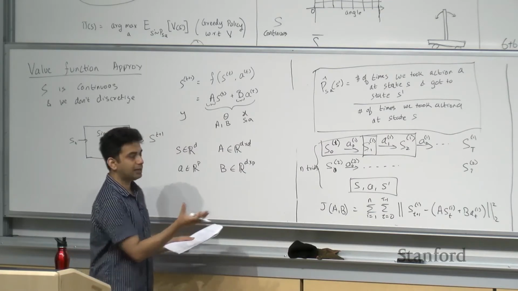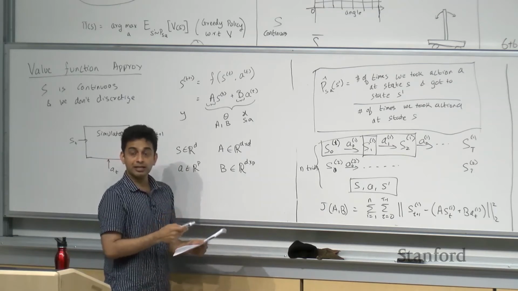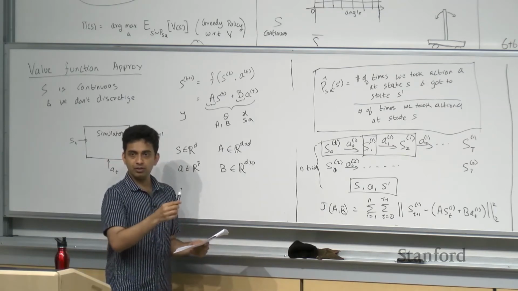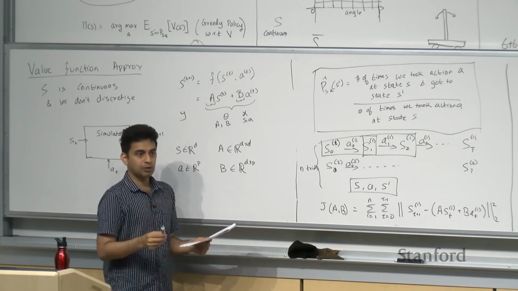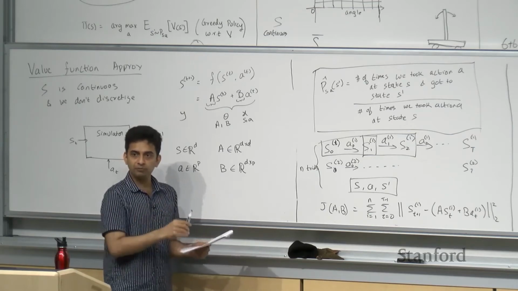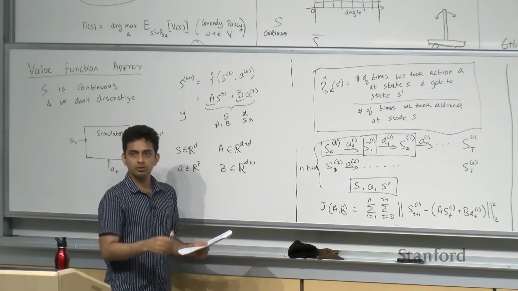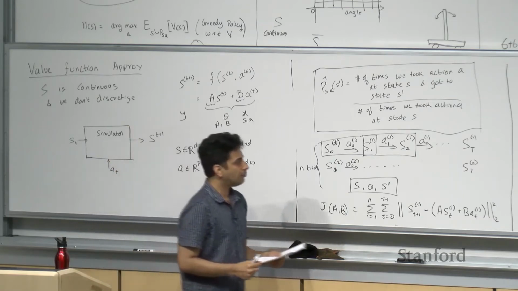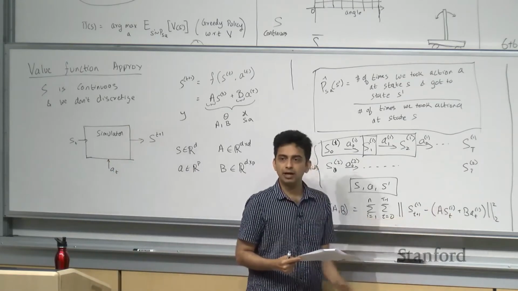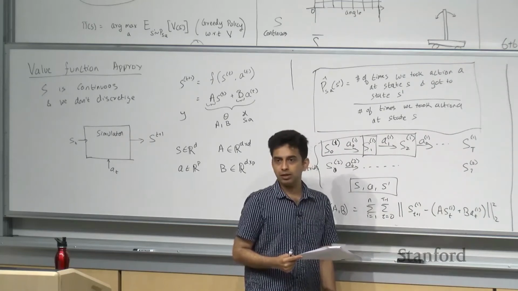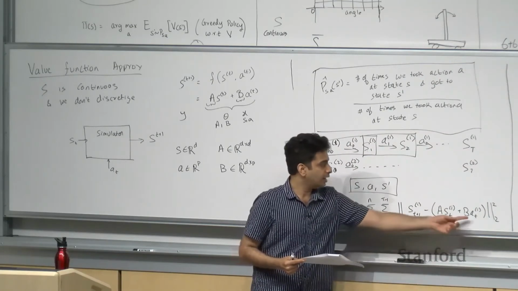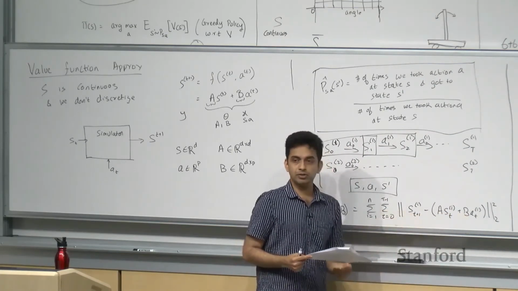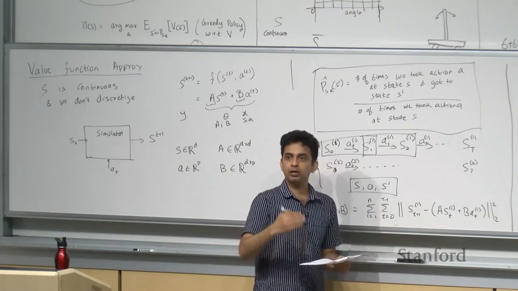For example, if you're trying to balance a cart pole, your state can be continuous, where the states are angles and velocities, but your action can still be discrete. It can be move left or move right. So having a continuous state does not mean your action also has to be continuous. When the action is discrete and the state is continuous, your policy will take continuous input and output discrete.